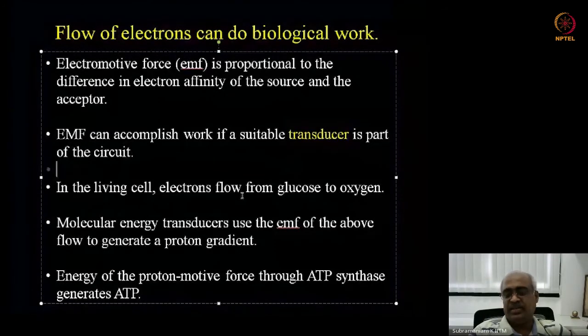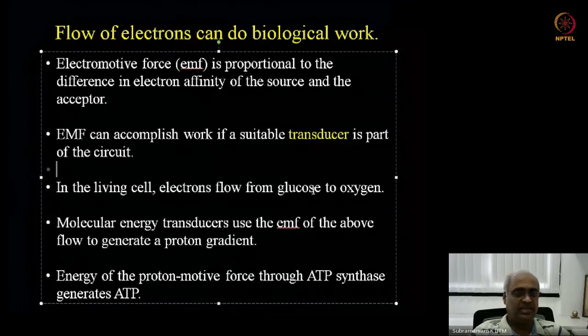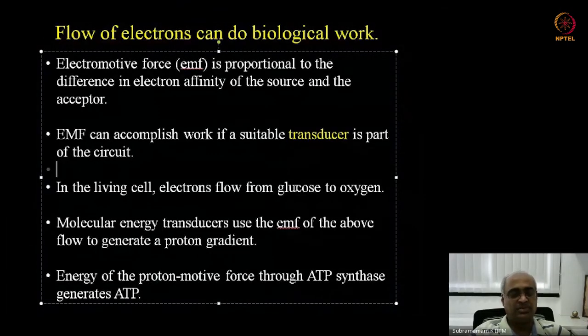So in living cells, the electrons, like this is one major example. It is not just electrons flow only from glucose and only to oxygen. So this is a major example, therefore here it is there as an example. So electrons flow from glucose to oxygen.